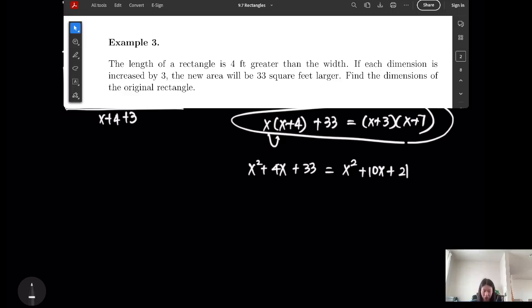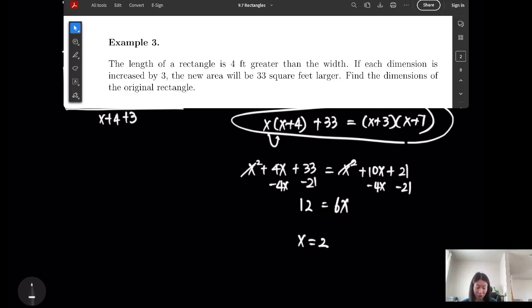Okay, merge the like terms. Then I got x squared, they cancel. And then I have 6x, because I'm subtracting 4x on both sides, and then subtracting 21 on both sides. I will have 6x equals 12. So x is equal to 2.